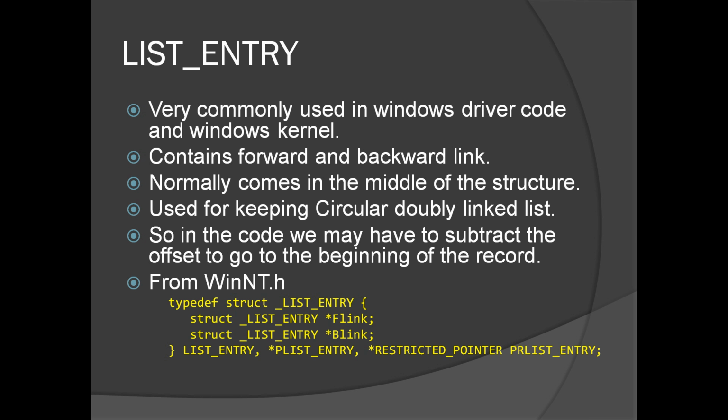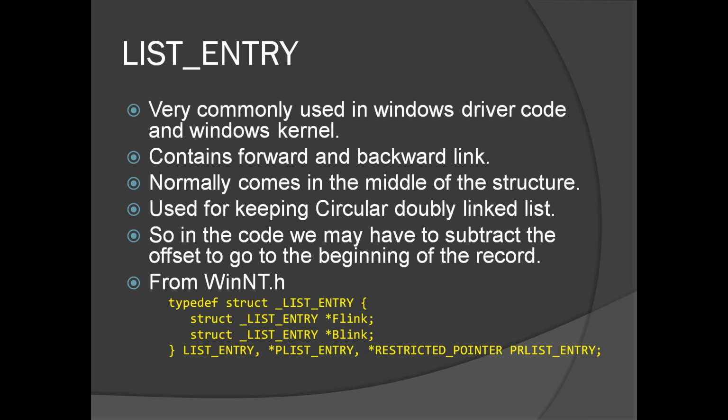As it comes in the middle of the structure, we may have to do a subtraction to go to the beginning of the record, or the beginning of that particular data structure. For that we use another macro called containing record, which we're going to see in this presentation as well.